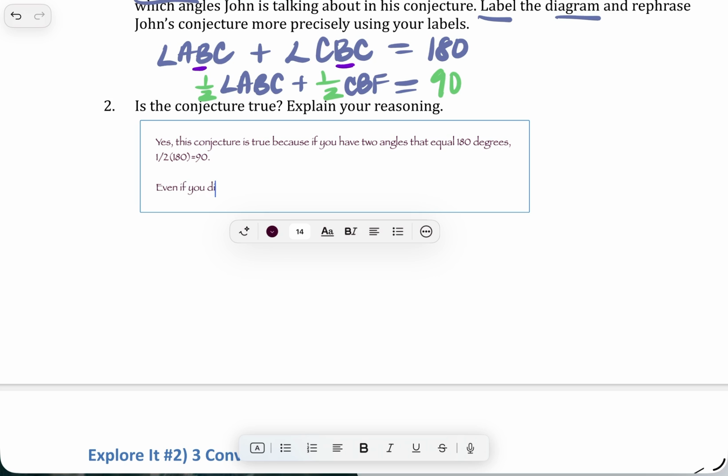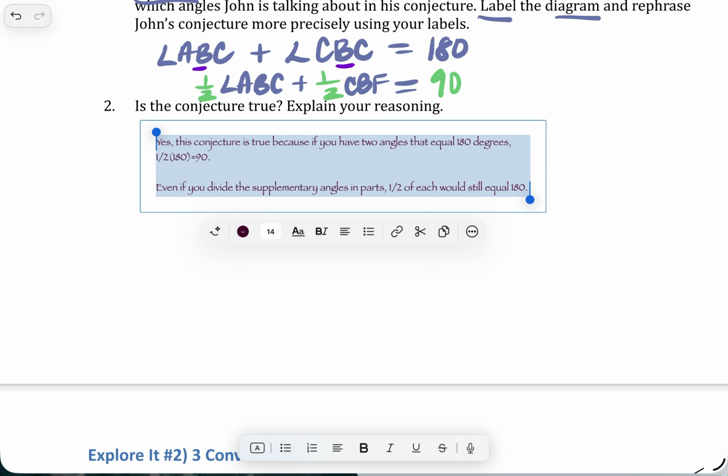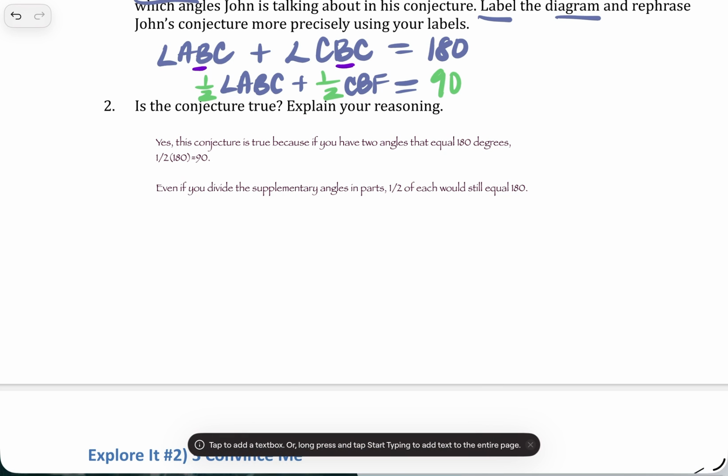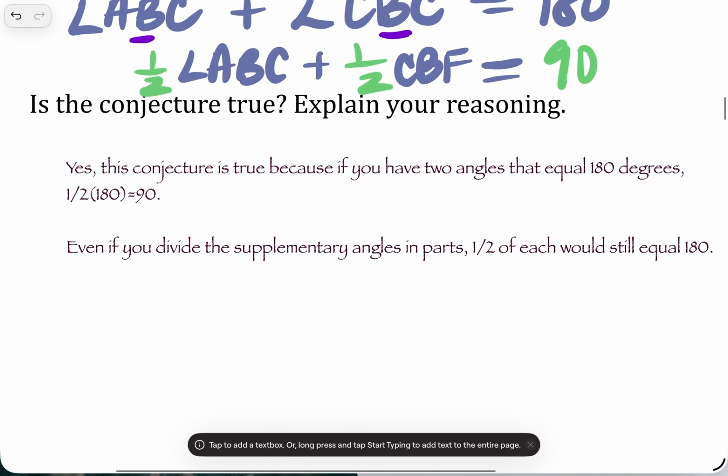Even if you divide the supplementary angles in parts, half of each would still equal 90. All right.